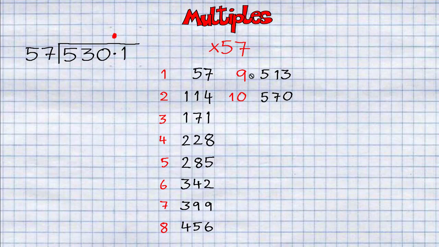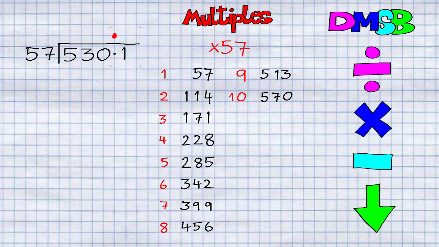So we get the multiples of our divisor. In this case it's 57, so there are the 10 multiples of 57. And then we use our mnemonic aid. So does McDonald's sell burgers? DMSB. D is divide, M is multiply, S is take away or subtract, and B is bring down. So this is the order you have to do every time you're doing a long division sum.